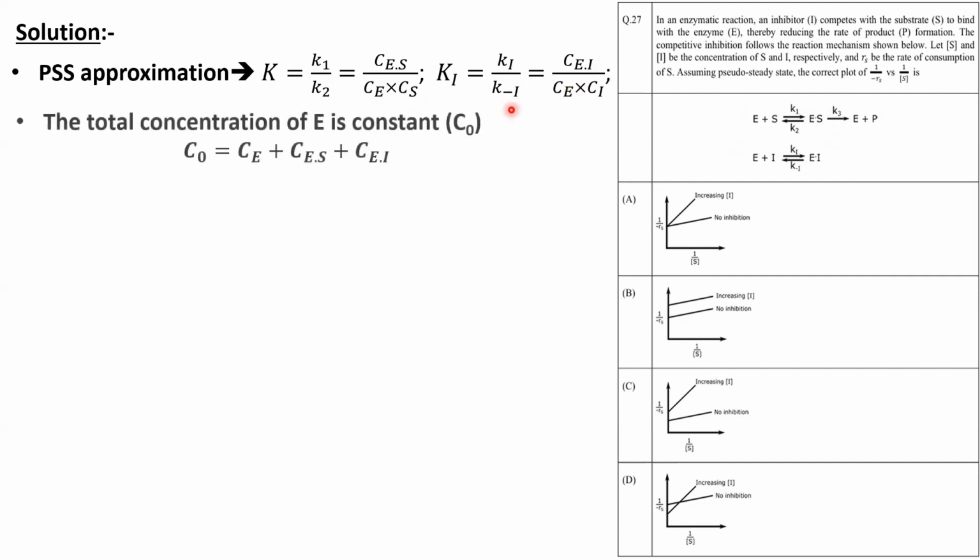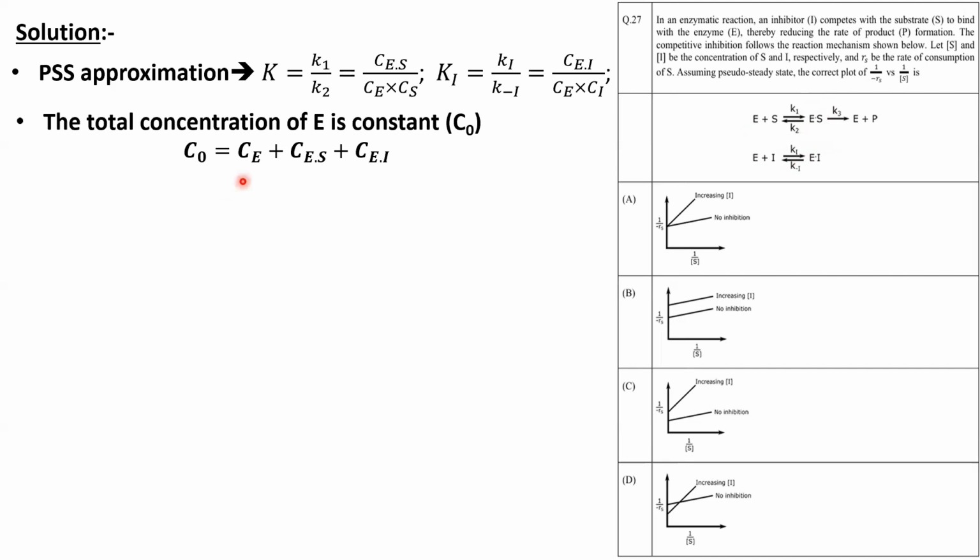Now, we can also say that the total concentration of E is constant. That is, the concentration of empty enzyme sites, plus the concentration of the enzyme sites bound to the substrate, plus the concentration of enzyme sites bound to the inhibitor will be equal to a constant, C naught.